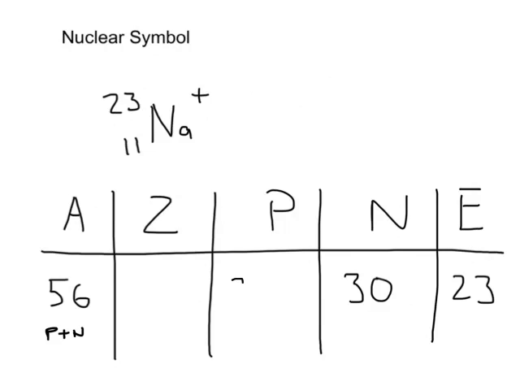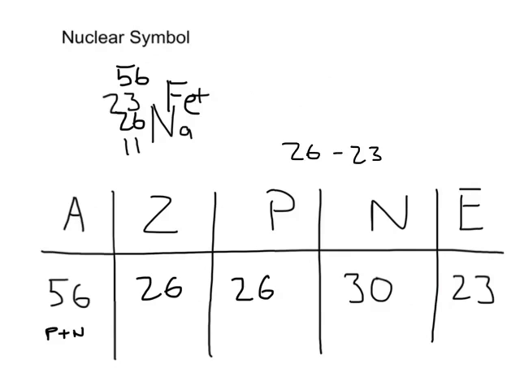So 56 minus 30 is 26, which is my atomic number. Now I can fill out my nuclear symbol, 56, 26. Look up element 26. It is iron, symbol Fe. Check to see if I have a charge, 26 protons, 23 electrons. 26 minus 23 is 3 positive.